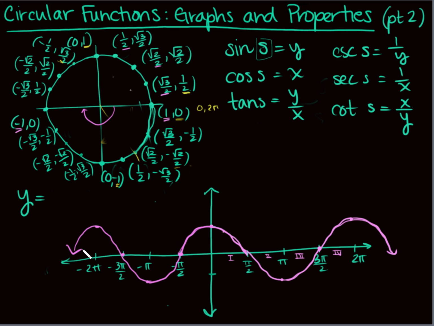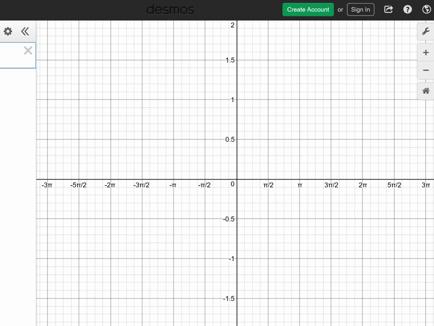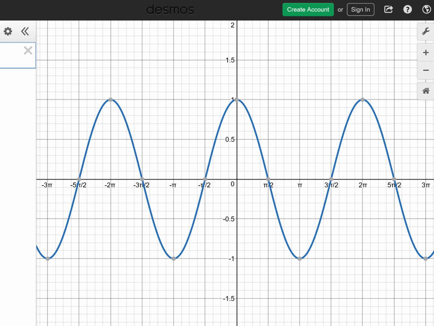Let me graph this on Desmos for you. So cosine, if you notice, starts up on the y-axis at 1, whereas sine went through the origin, but it still has that nice wave-looking shape. Oh, this is not a great graph. I never tell you when you study mathematics that you're going to have to be somewhat of an artist as well. So let's put in cosine of x. So just what we had found, right?